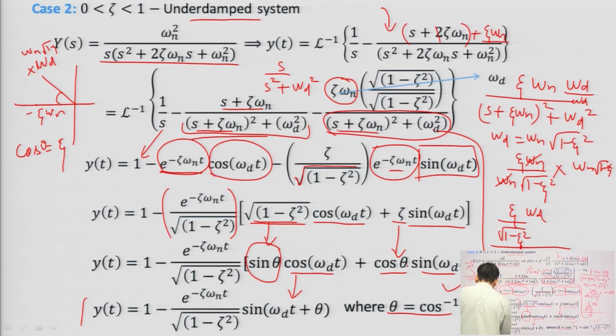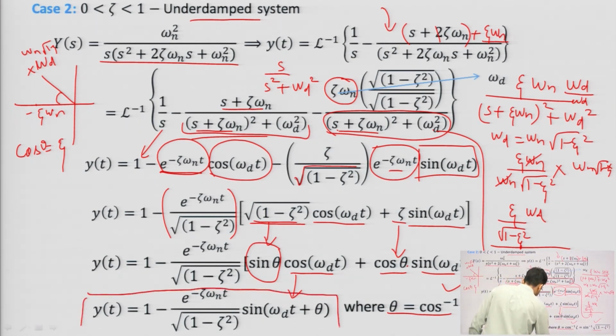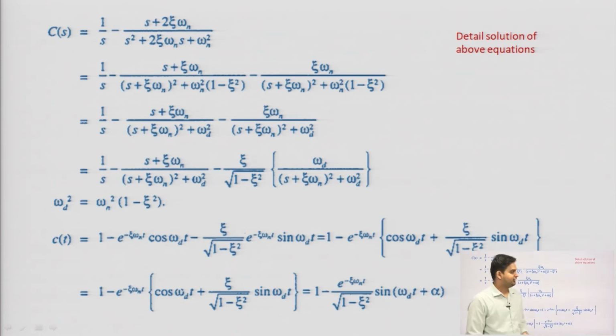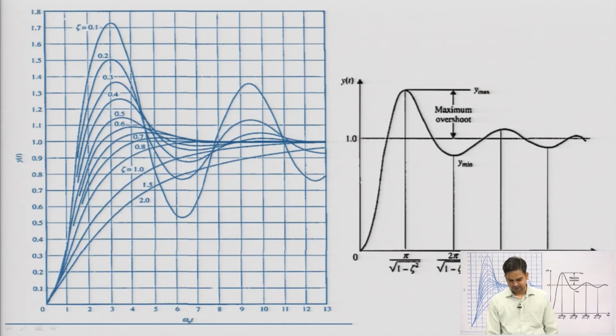So, this is my output response whenever I am assuming zeta is less than 1 but greater than 0. Okay. So, we will consider this output response in the upcoming session for further derivation. This is the detailed steps, whatever I discussed is given in this step. So, you can refer to this slide, you can read it out, it gives the same output, right.